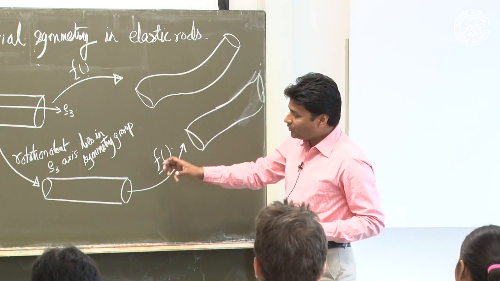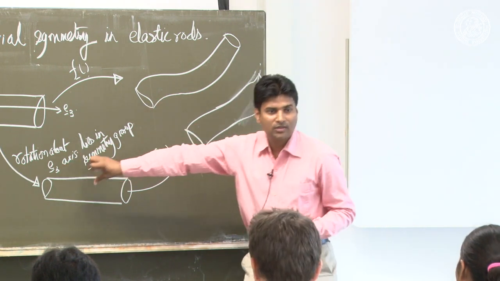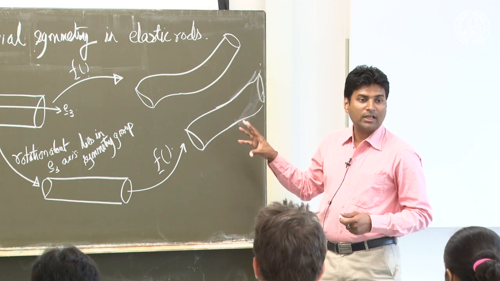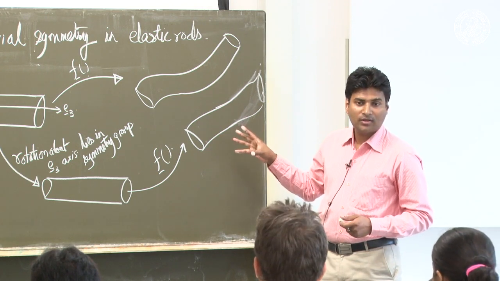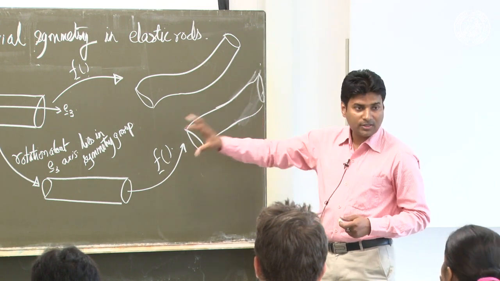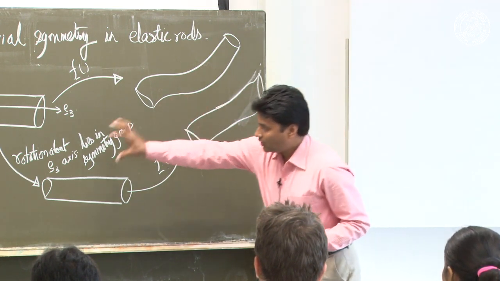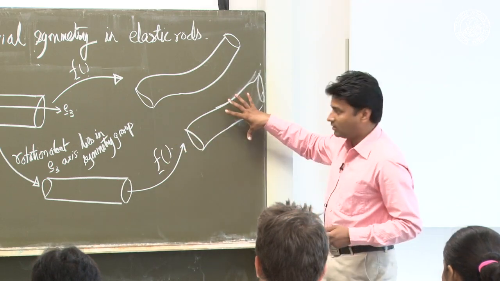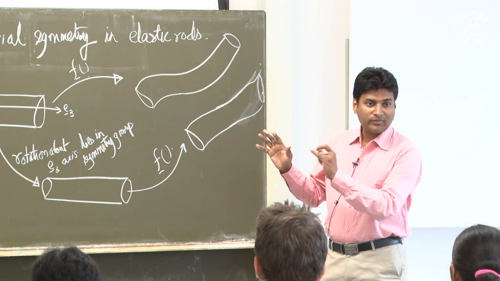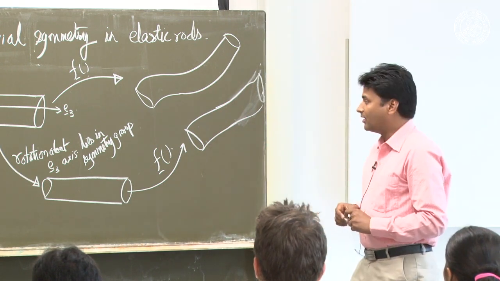But here we first apply rotation and then deformation. So in frame indifference, rotation comes later on, but for symmetry operation, rotation comes first and then we apply deformation. Okay, just a brief recap of symmetry idea.